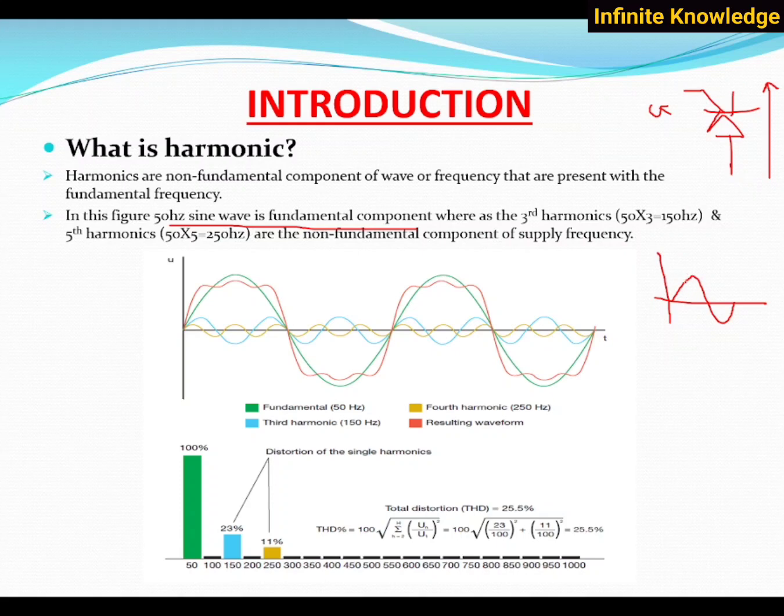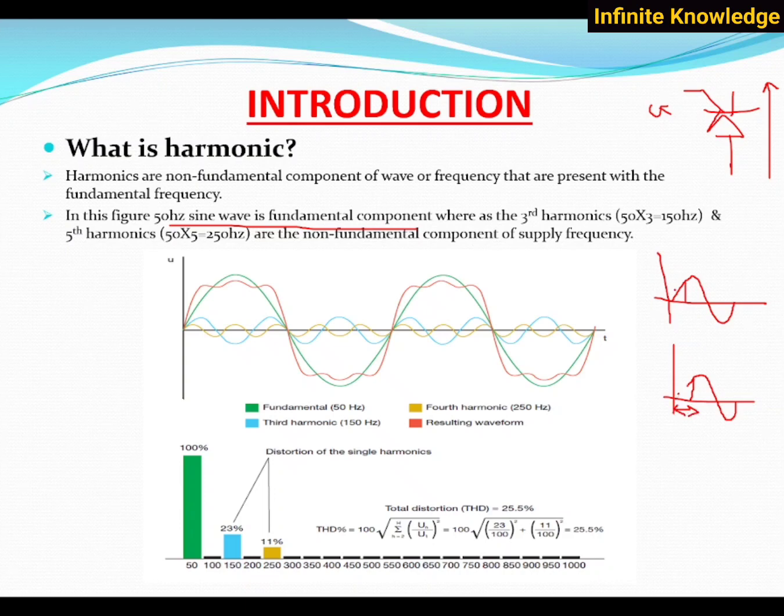So if I fire this SCR at this point, what is the final current taken by the load? It's only this amount of current. This small current is not taken by the load.